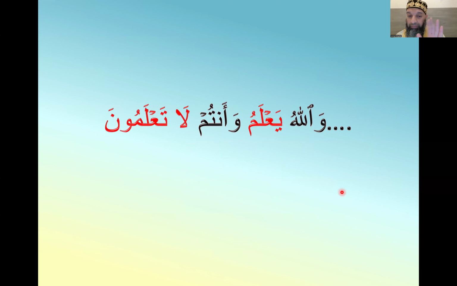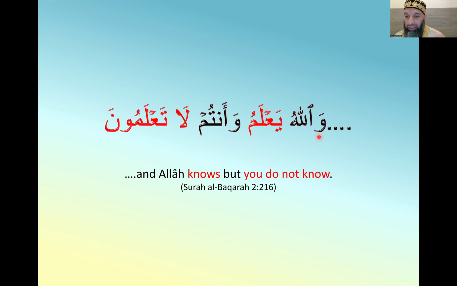Okay, so look at this. In the Quran here, Wallahu ya'lamu, and Allah knows. Wa antum, and you all. La, do not. Ta'lamuna, you all know.